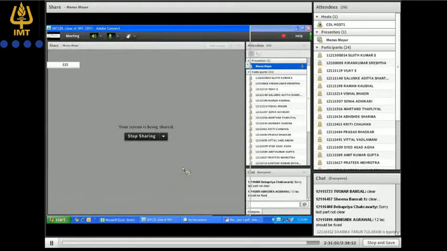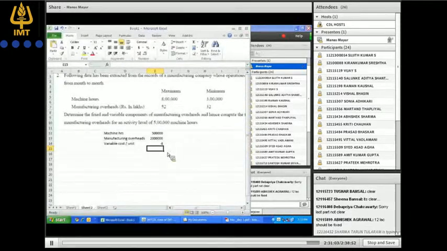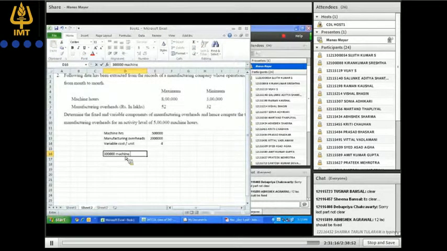Now if this is your variable cost, you are asked to find out the fixed cost. So for 3 lakh machine hours, your total cost is 32 lakh.